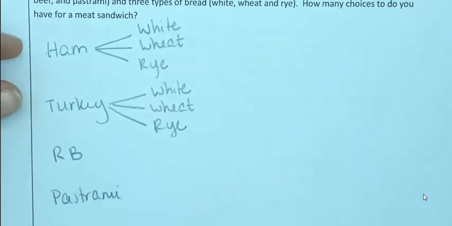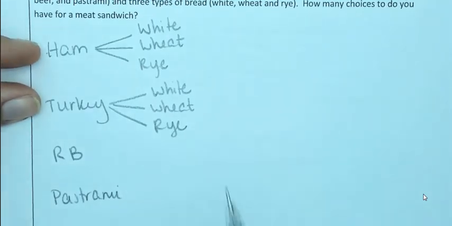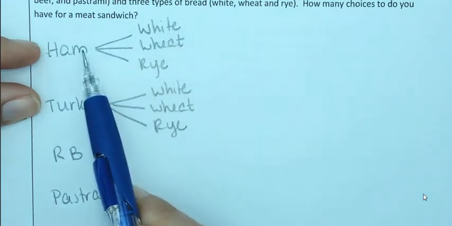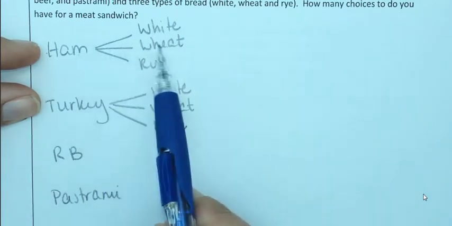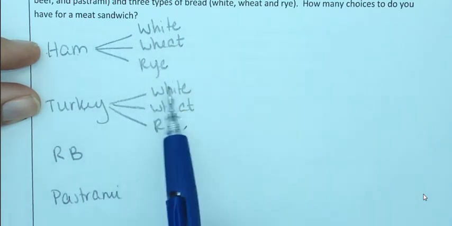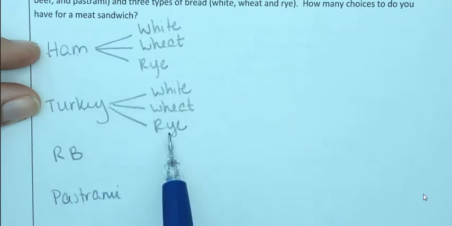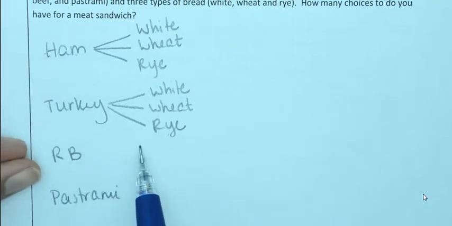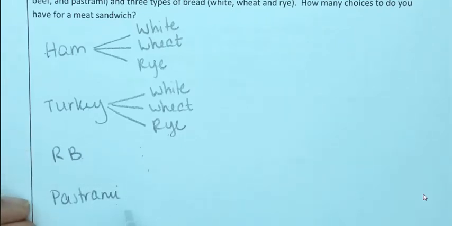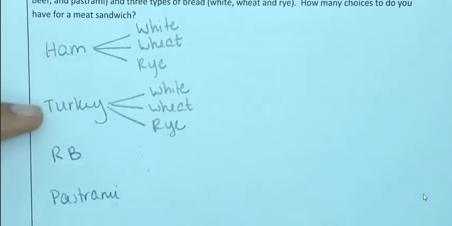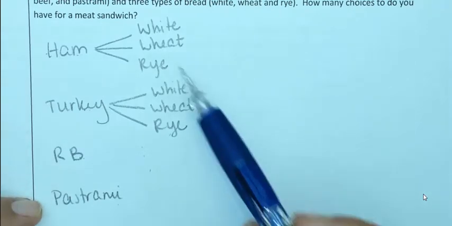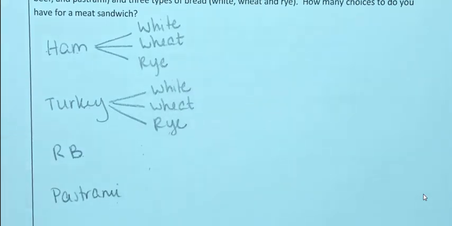So just with the 2 that I've already diagrammed out, it looks like I have a total of 6 choices, right? A ham with white, ham with wheat, ham with rye. Turkey with white, turkey with wheat, turkey with rye. I could do roast beef with white, wheat, rye. Pastrami, right? So hopefully you're seeing that you have 4 different groups of 3 different choices of sandwiches.